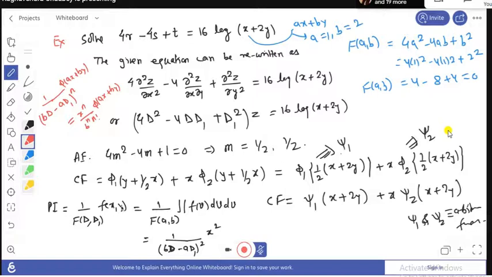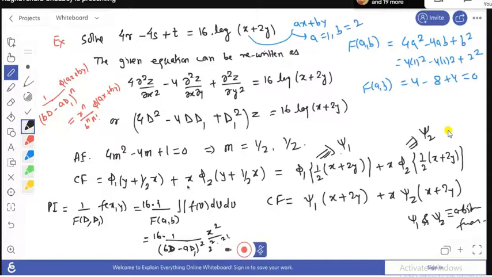This function f of D of f(x,y), and here f(x,y) is 16. Okay, so we can write here this 16 into this thing, 16 of that. So this is 16 into x square, because n is 2, and here b square means b equals 2, so this means b square, and factorial n means factorial 2.